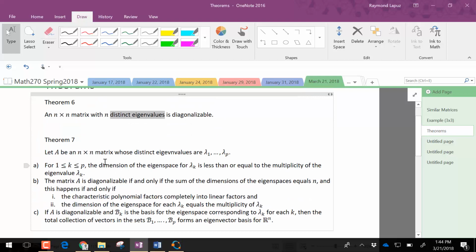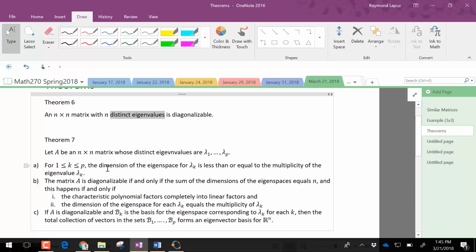Theorem 7, if you have a set of eigenvalues 1 through p, right? So p will probably be a little bit less than the dimension. So this is kind of like our example. For each k between 1 and p, the dimension of the eigenspace is less than or equal to the multiplicity of the eigenvalue.